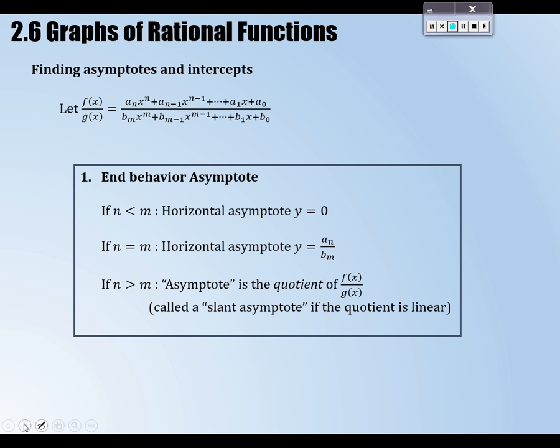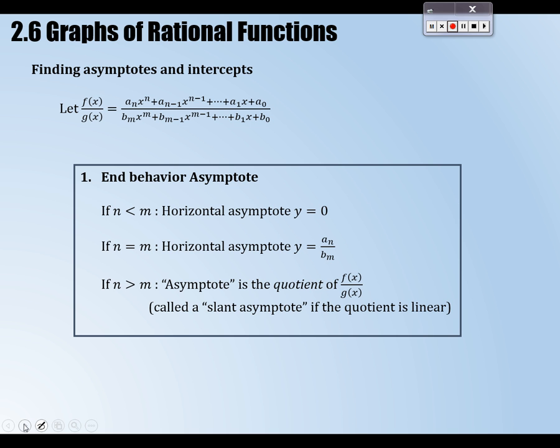It's the degree of the first term, the highest term. It's the degree of the whole polynomial, right? So n is the degree of the numerator, and m is the degree of the denominator, isn't it?